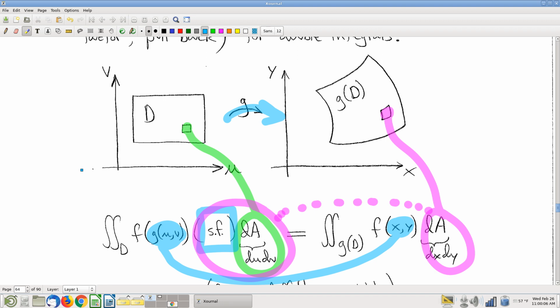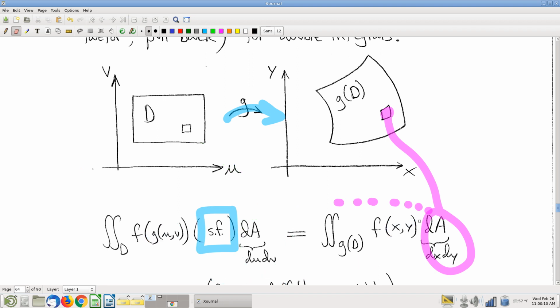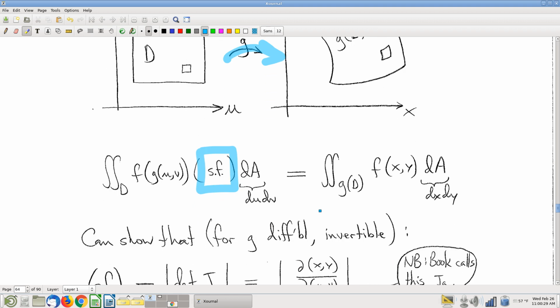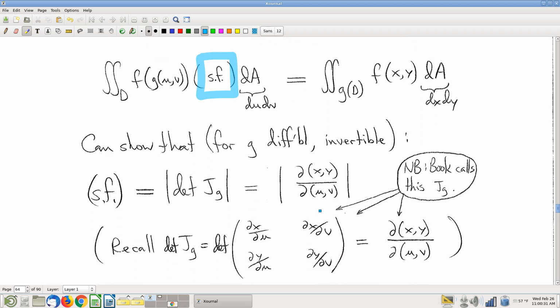It's totally going to work. We just have to figure out what is the stretching factor, and I'm going to delay my explanation of where the formula that I'm about to show you comes from. I just think it works out better to talk about that motivation later, but I'm going to just tell you what the formula is, and here it is.